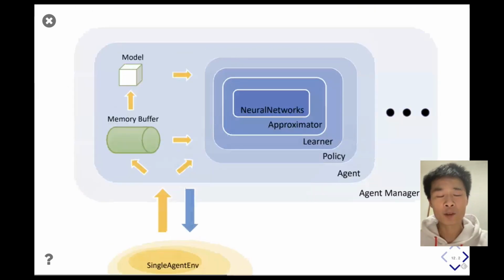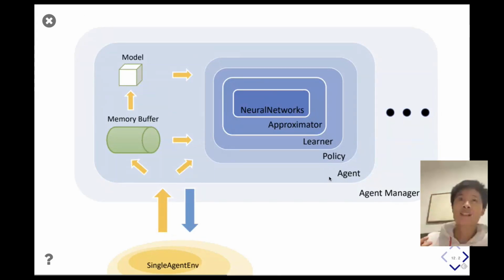Yeah, that's a good question. So when we wrap a policy in an agent, now we have another dispatch of the run function. So it is not the same as the original one. In the original one, we will just execute the policy and get the action.